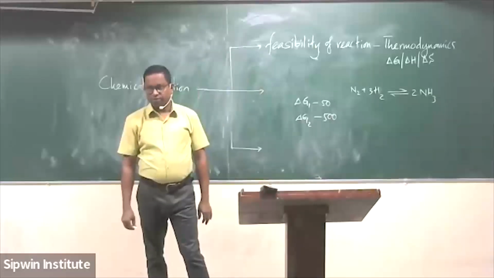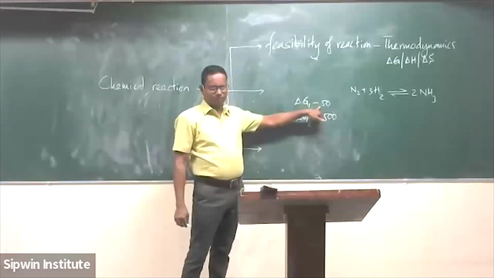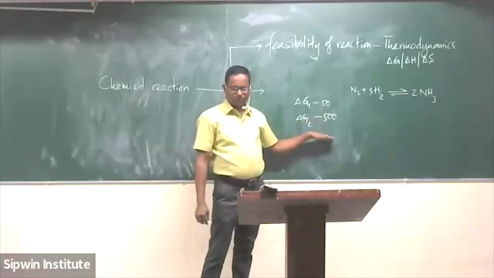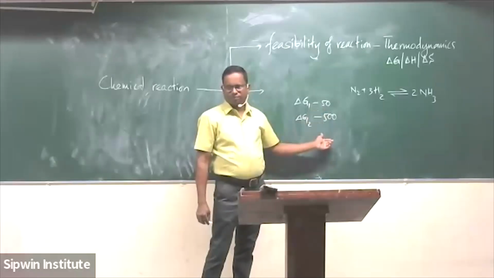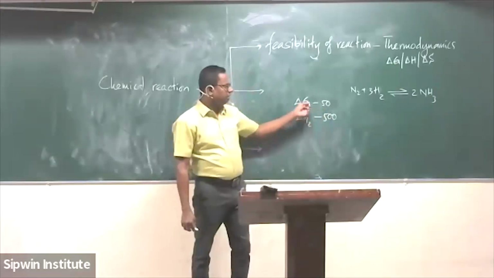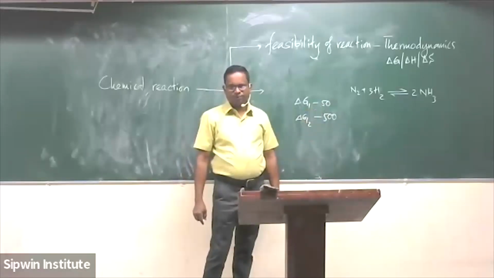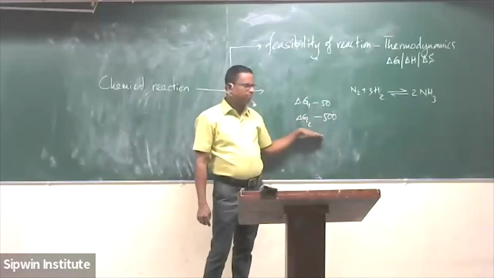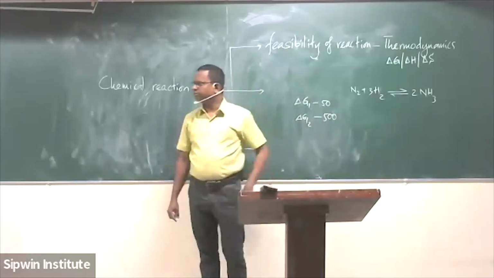Earlier knowledge: this one is possible to happen because delta G is negative. This one also is possible to happen on a given condition. This one is feasible, this one also feasible. But if I say delta G1 is minus 50, delta G2 is minus 500, and the second reaction happens rapidly compared to the first reaction, whether the statement is true or false.